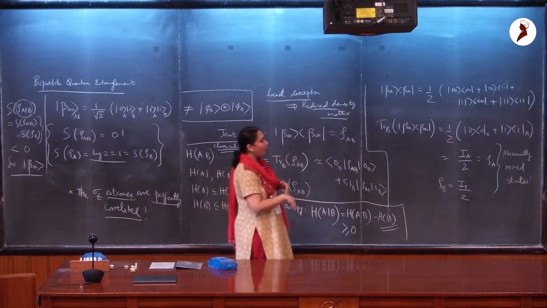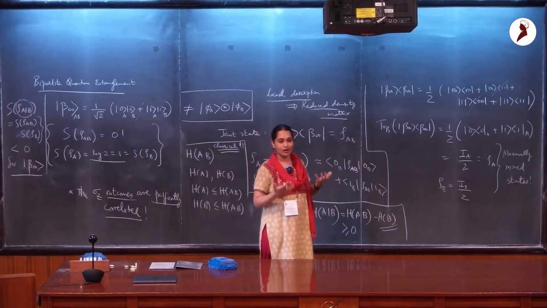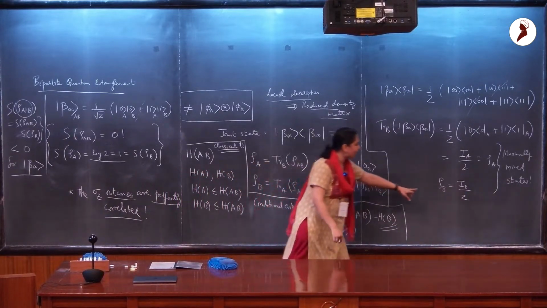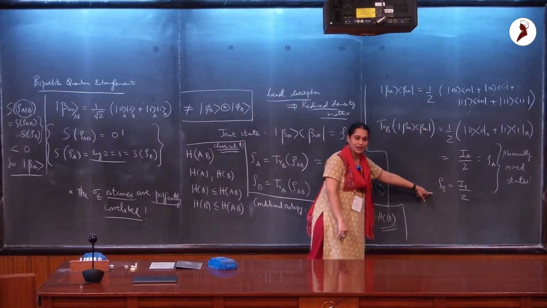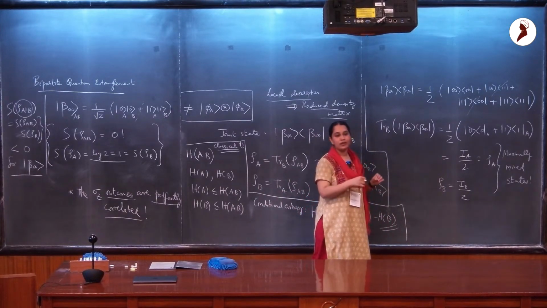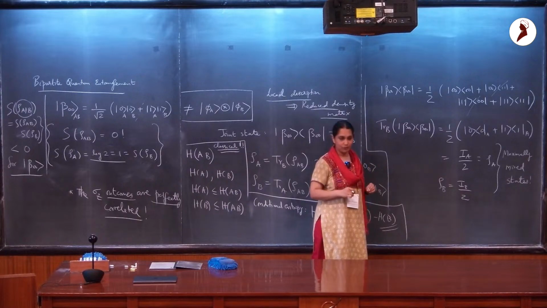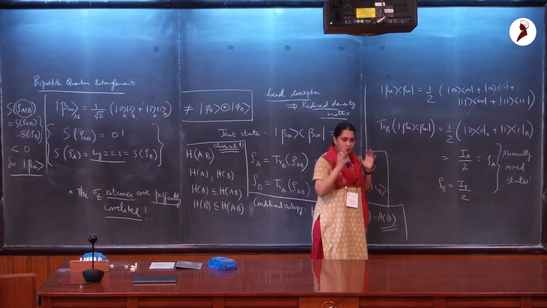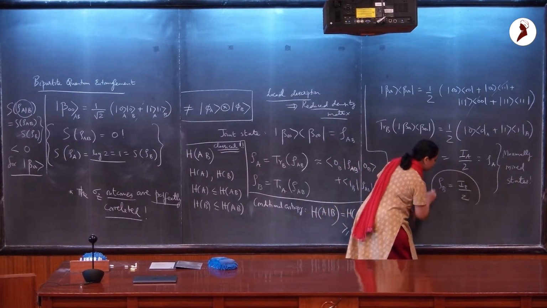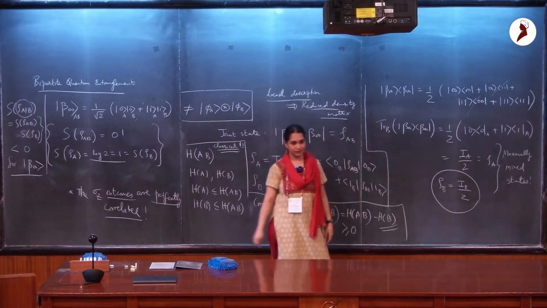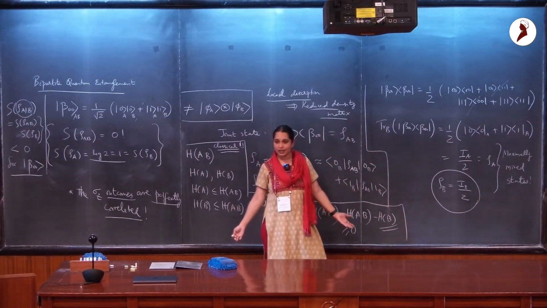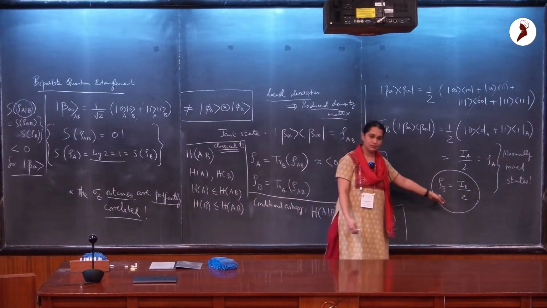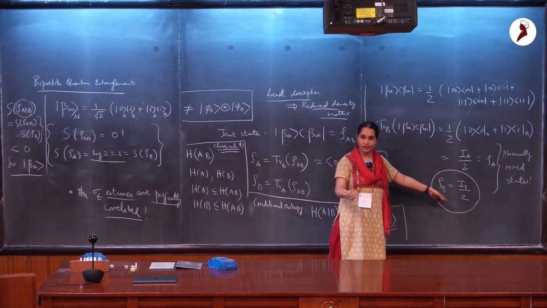Then, what is B's state of knowledge or uncertainty about it? It is maximal. The uncertainty is maximal in B. Without knowing the outcome of A's measurement, the only knowledge that B has about the state is this. So as far as B is concerned, it is still a coin toss, whether B is going to get 0 or 1.